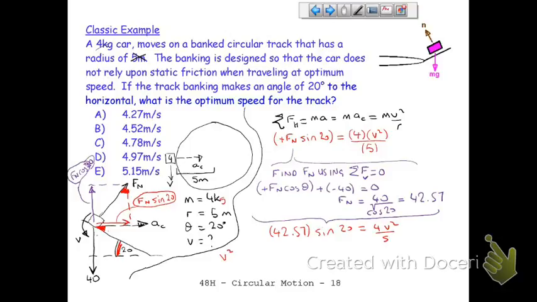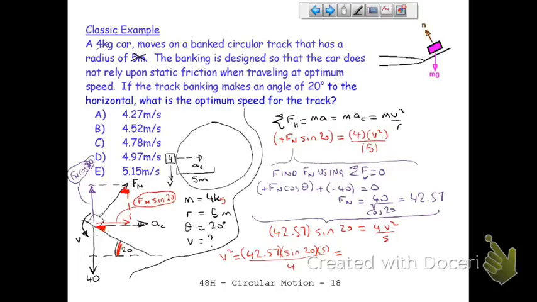So v squared is equal to, let's have a look, 42.57 sine 20, times 5 over 4.